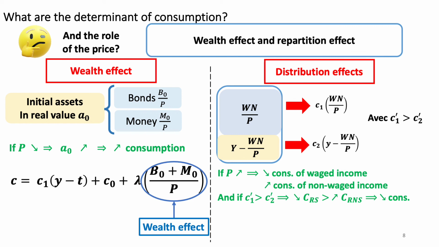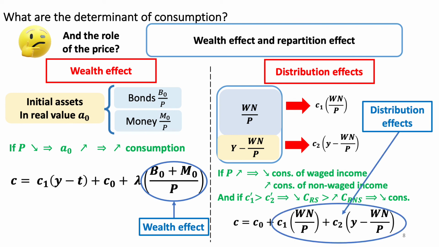Given that the propensity to consume salaried income is higher, the net effect on consumption will be negative. When prices increase, consumption decreases. We can see that in the function. Wn over P are the salaried income, and Y minus Wn over P the non-salaried income.